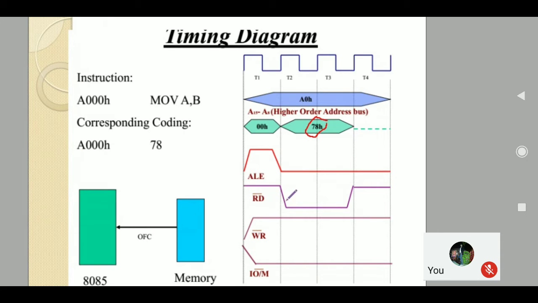That is, it is 0. Low means it is nothing but high, if this convention is taken by Intel; if some company follows this convention, then first it will be low here, again it will be high, because in the opcode fetch phase of this 78H this will be high. After completion of this opcode phase, it will be low here. But it is just the opposite. RD bar means just the opposite of that.